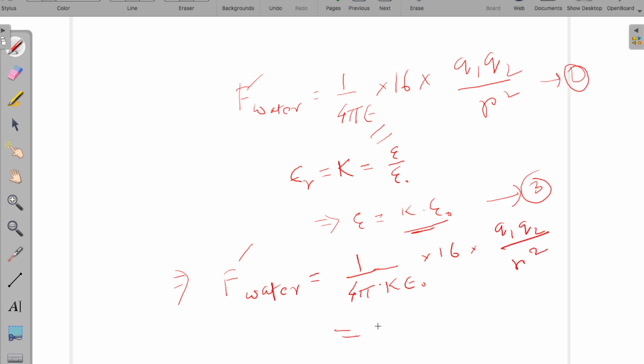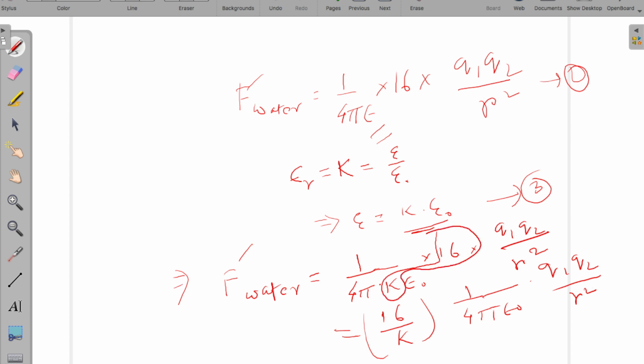So I write 16 by k separately, and 1/4 pi epsilon naught q1 q2 by r square separately.